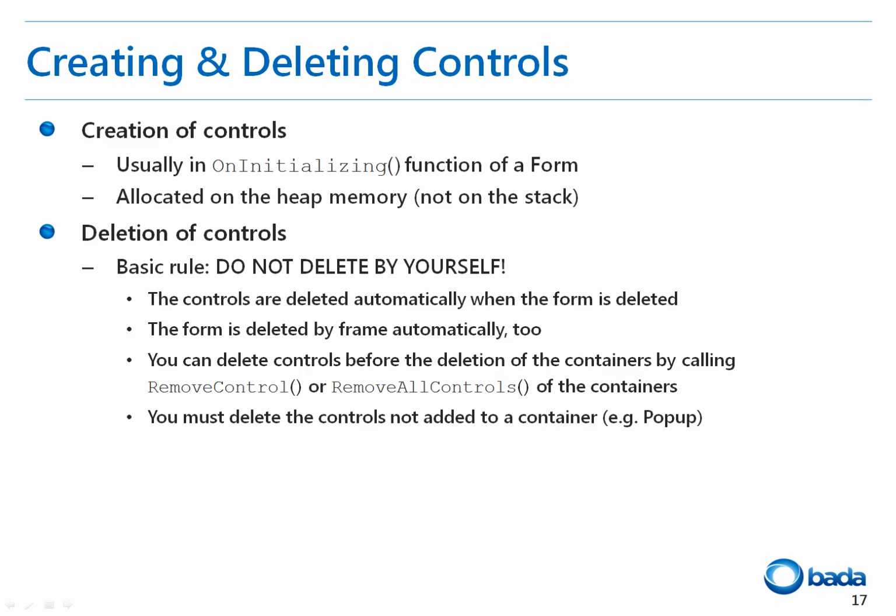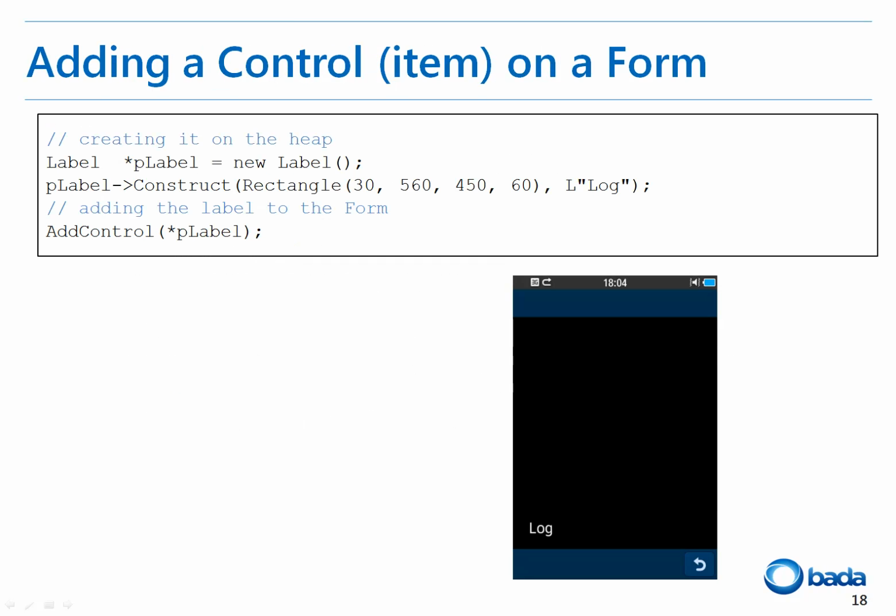The form gets deleted automatically with the frame. There's no need to explicitly delete the form object. The RemoveControl and RemoveAllControls methods are provided to explicitly delete any controls. Controls, for example a popup, that do not get added to any container, should be deleted explicitly.